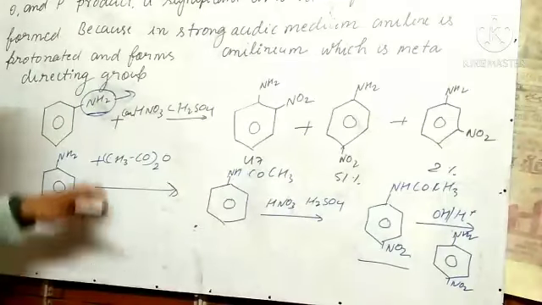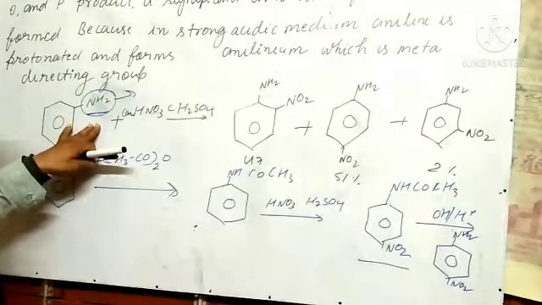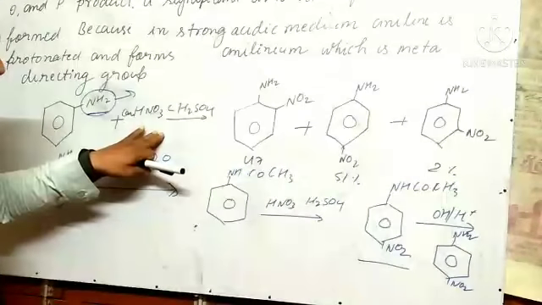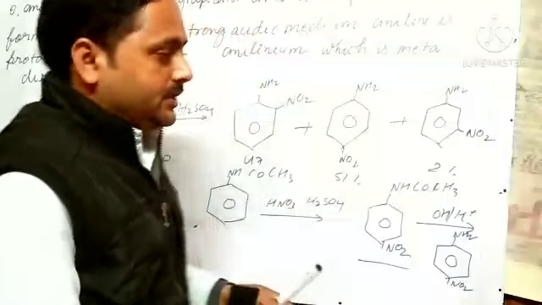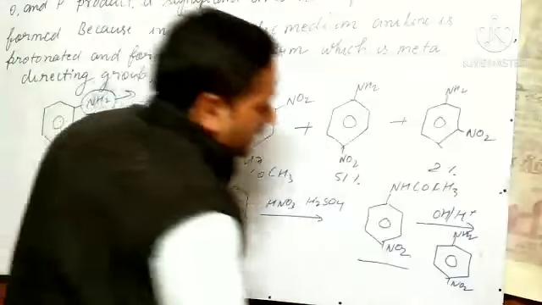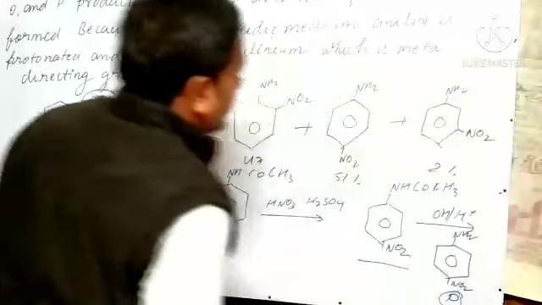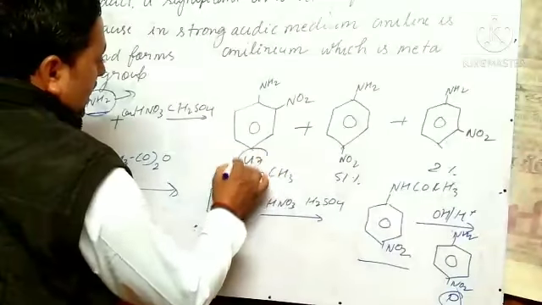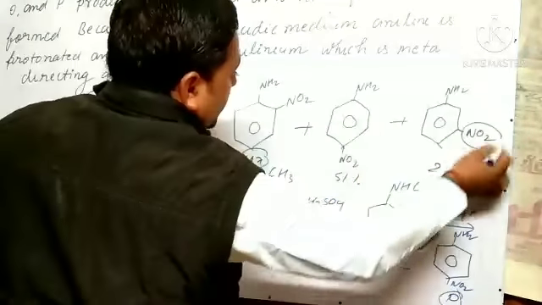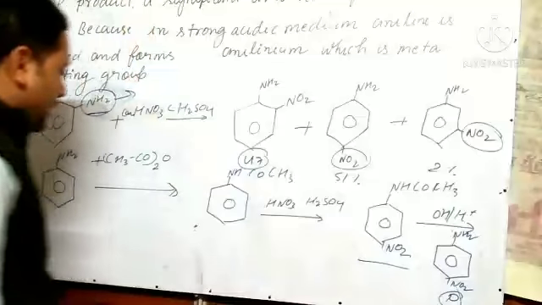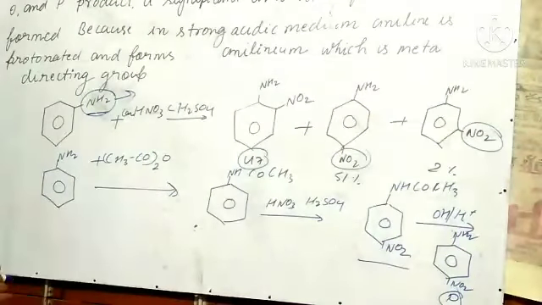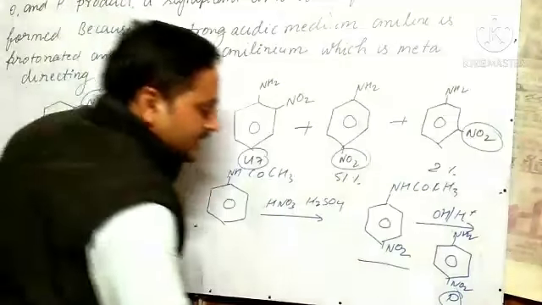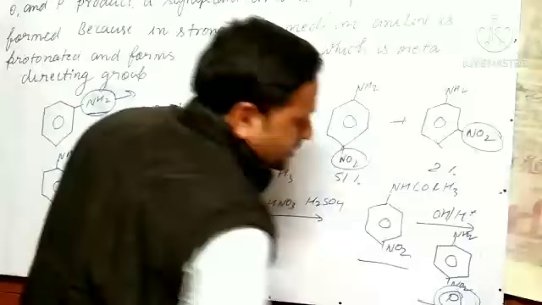So we have to prevent this activation by acetylation, and then we will get para nitroaniline. But if we do direct nitration, in that case we will get ortho, meta and para product. But if we protect this group by acetylation with acetic anhydride followed by hydrolysis, we will get para product. Understand?